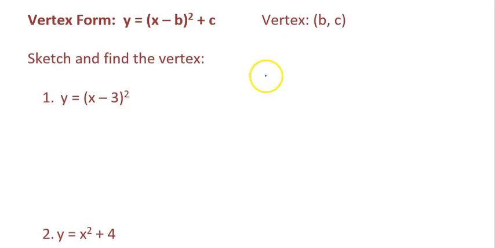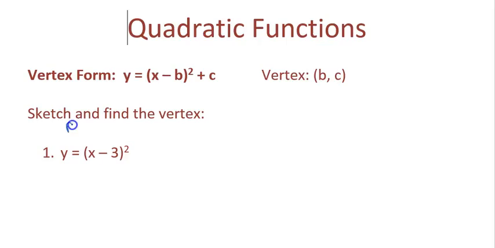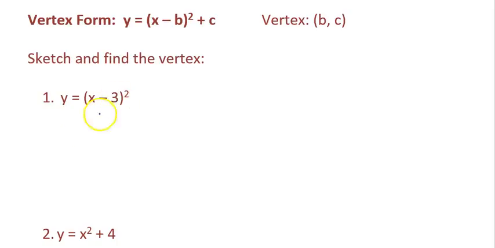So our first example, we're just going to sketch and find the vertex for y equals (x minus 3) squared, and you might want to note that this has been moved right 3, and so it's facing up because you don't have a negative out front.